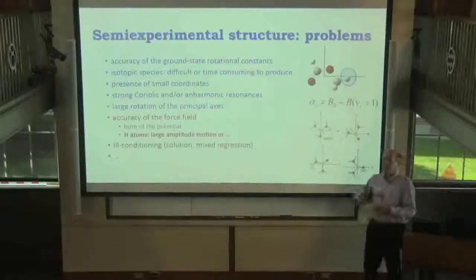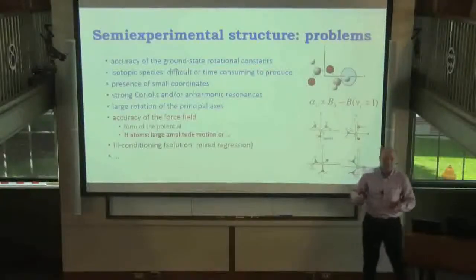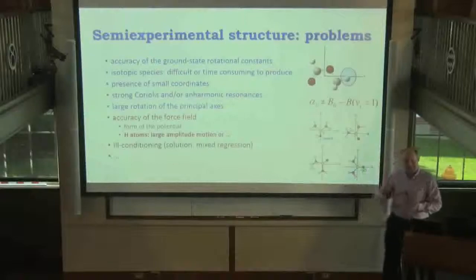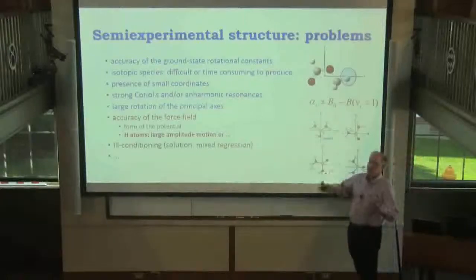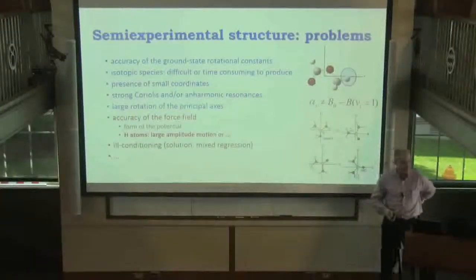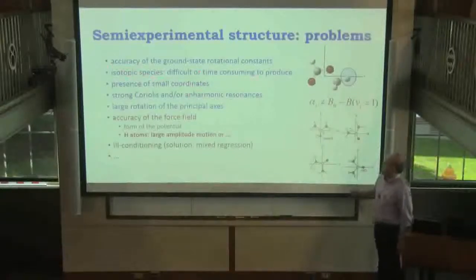Now you would think that since these ground state rotational constants come from experiment, they are highly accurate. Unfortunately, you need even higher accuracy than what's available in some cases, when they could measure only relatively few lines for substituted isotopologues. So these substituted isotopologues are maybe not that easy to make and do the measurement.